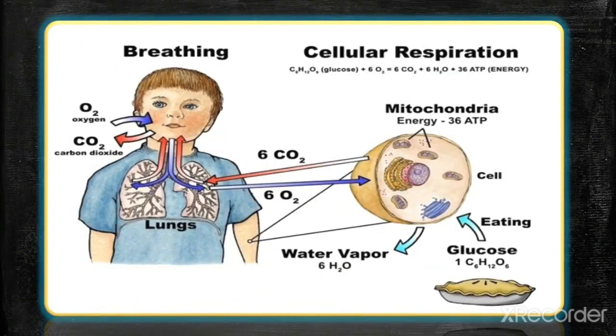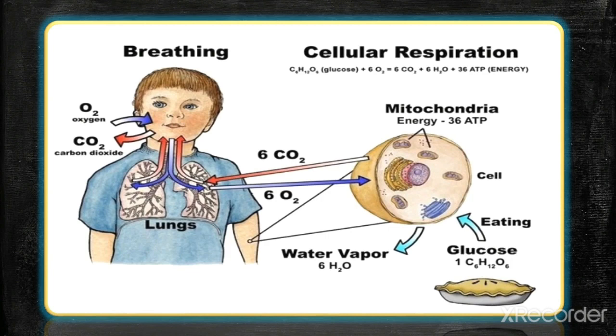This is the diagram showing the process of breathing and the cellular respiration that takes place during this process. Here you can see very clearly that the child is taking in oxygen and is releasing out carbon dioxide. Now when this oxygen reaches the lungs and the cells, the mitochondria present in the cells use this oxygen and convert the glucose into energy.